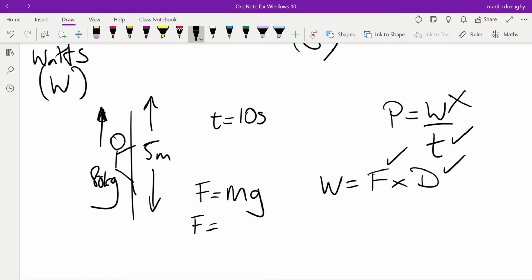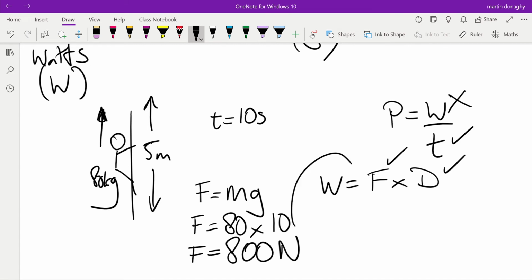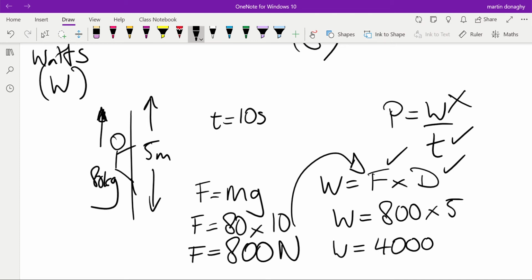So the first thing we do here is we work out that on Earth, because gravity is 10, to lift an 80-kilogram person up a rope, it will require a force of 800 newtons. Once we've done that, we can put this in for our force. So the work done, the energy transferred in that person lifting themselves up that 5 meters is 800 times 5, which is 4,000 joules.